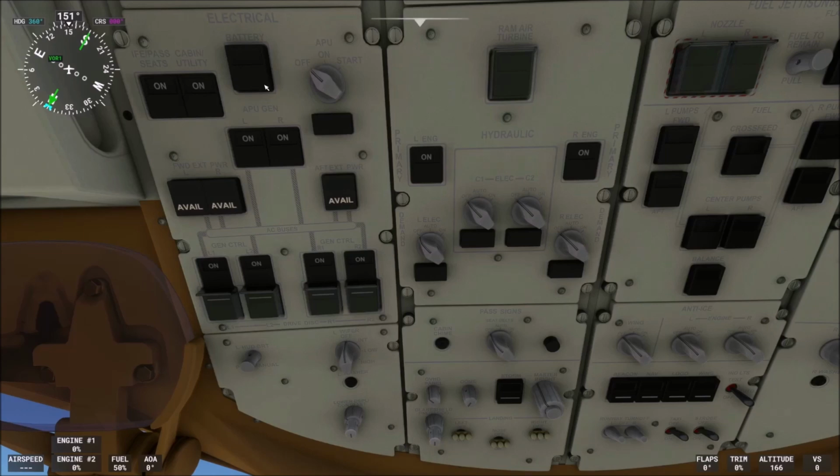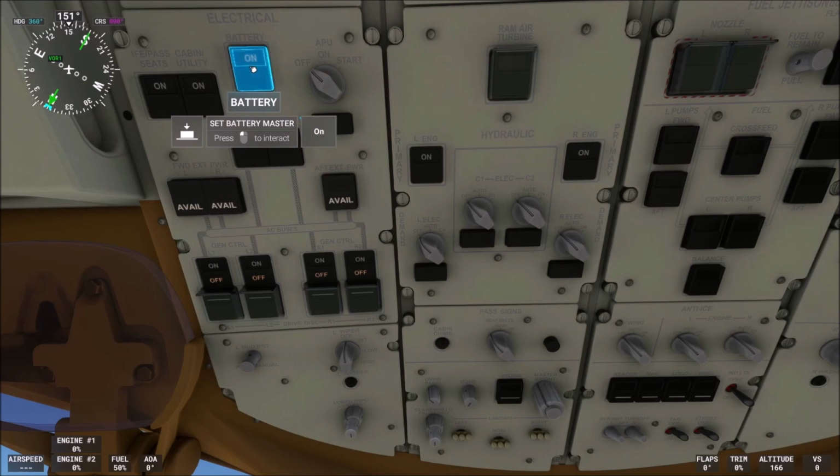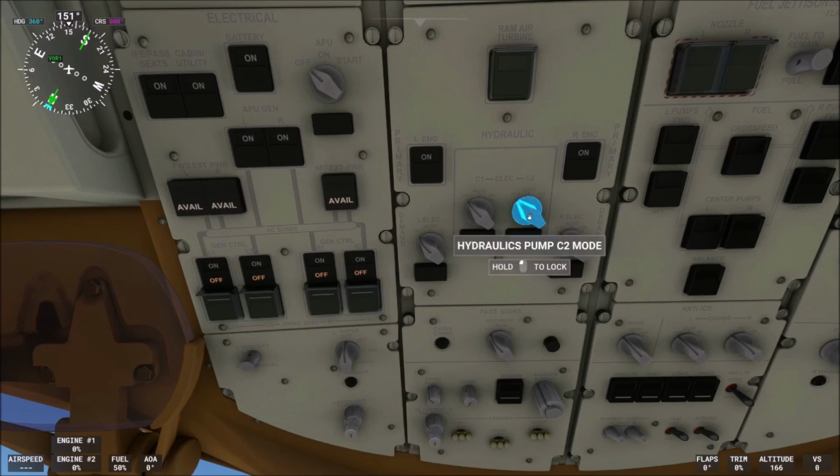So first of all, of course, you set the battery to on position, so battery is on. And then you just check the hydraulic systems of the plane. You check the C1 and C2 elec pump selectors. Don't touch them, they must remain in the off position.